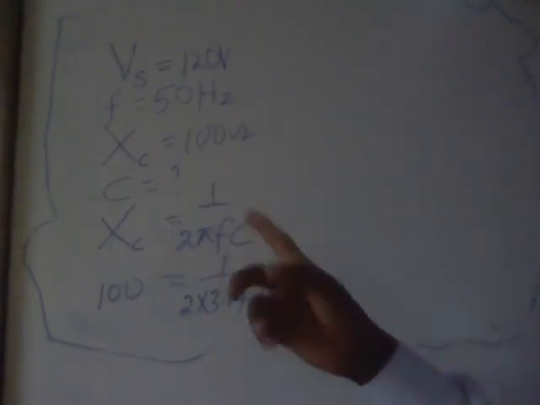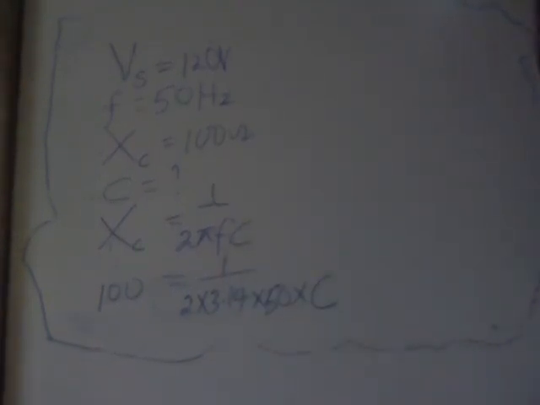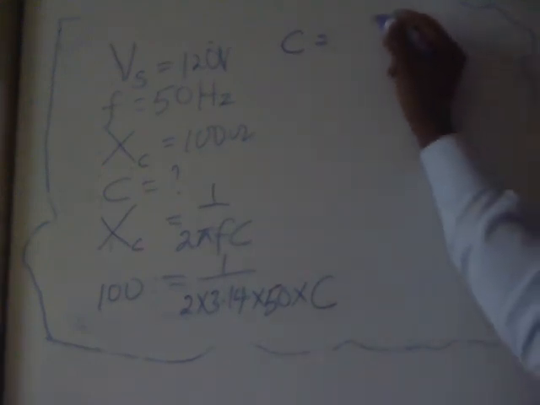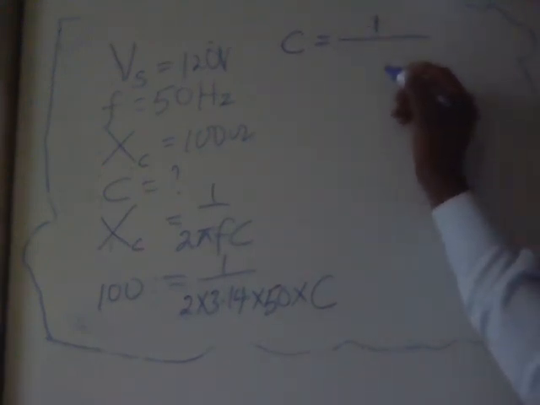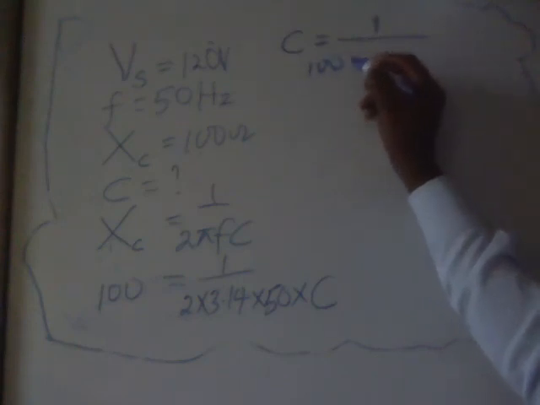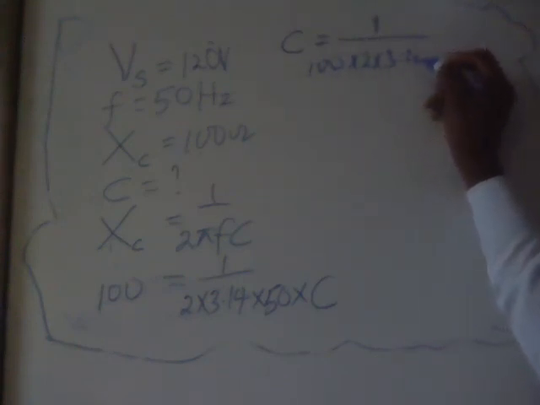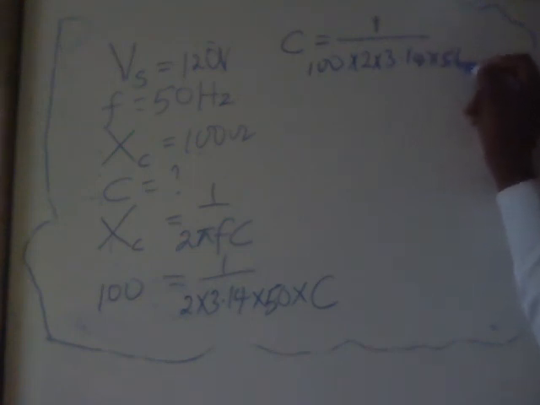When you cross multiply and make C the subject, you have C equals 1 over 100 times 2 times 3.14 times 50.